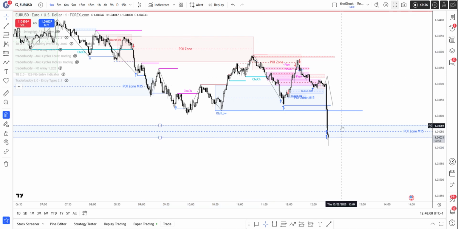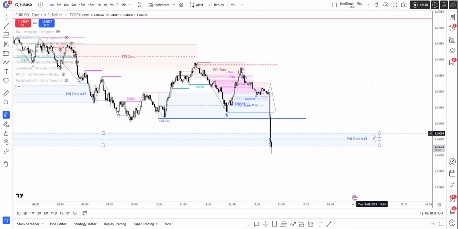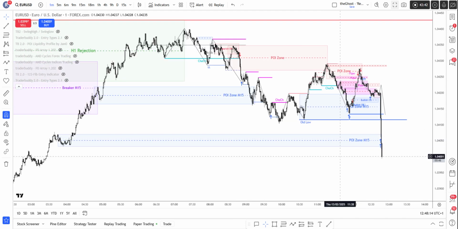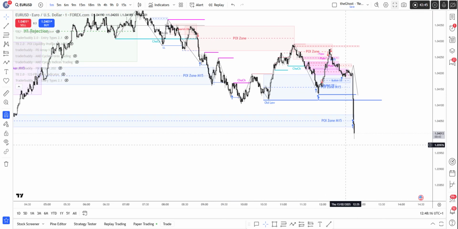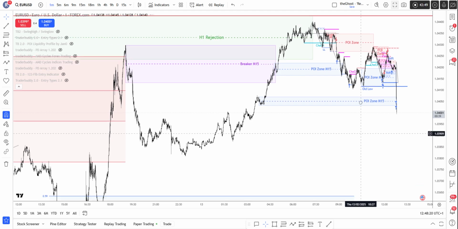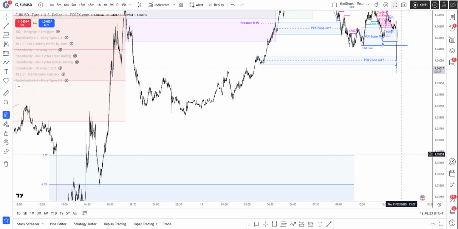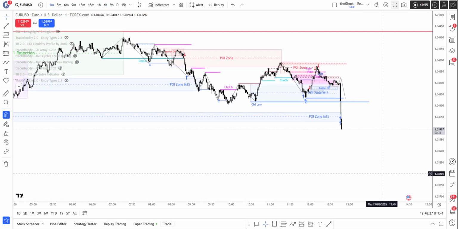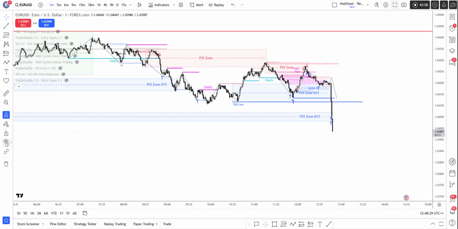And for me, it was down here, just above this POI zone. So that's where I got out, and I don't care if price runs, I don't know how far, even down here. That's all okay with me, because I just took the trade like this.